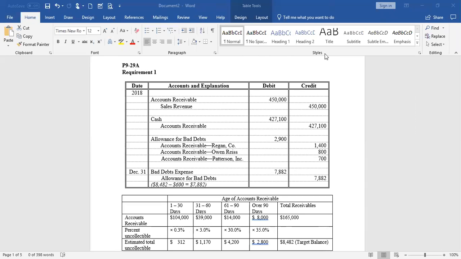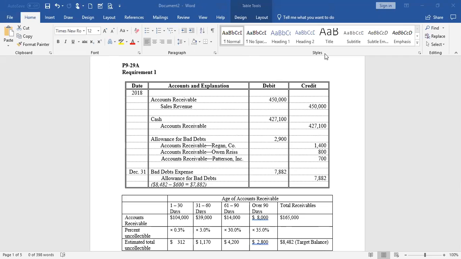And any sale on account that occurred over 90 days ago that we have not collected yet, and remember, accounts receivable means we don't have the money yet, would appear in that last column. As a balance in accounts receivable becomes older, past 31, even 61 days, it's harder to collect. The chances of you getting that money become less and less likely.